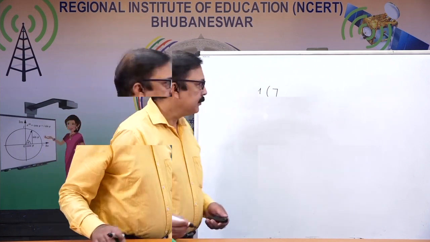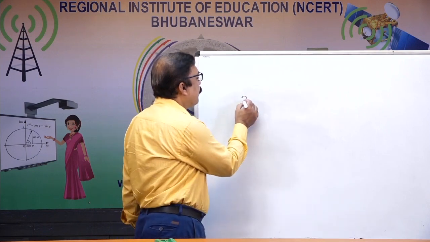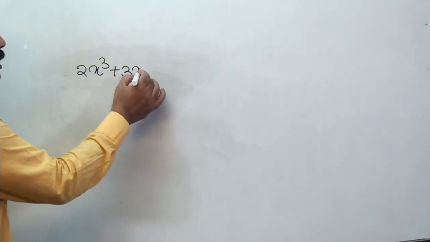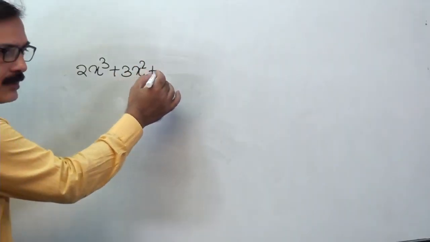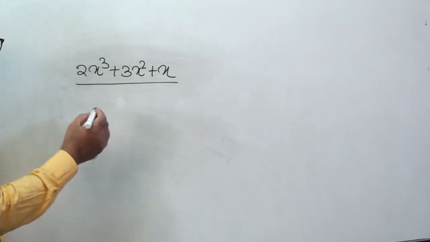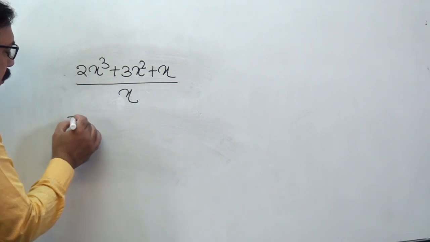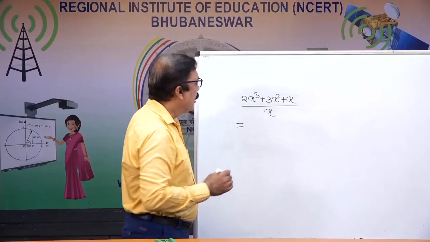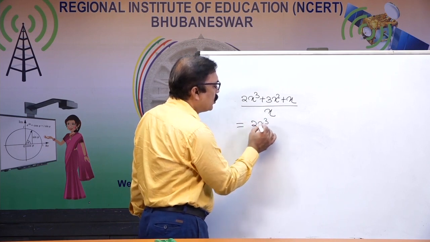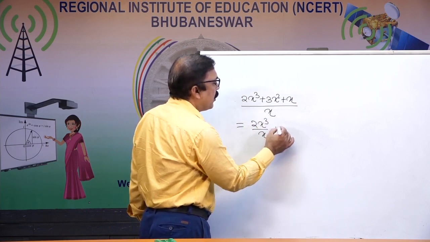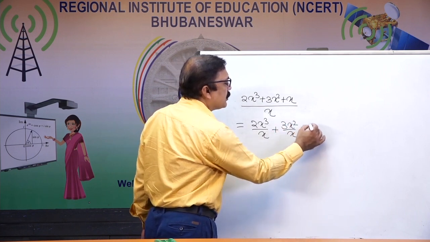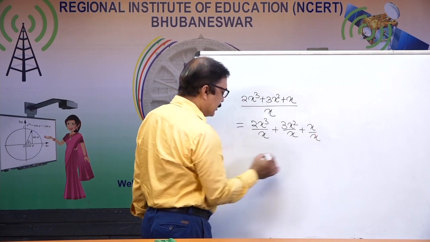Here the polynomial is 2x cube plus 3x square plus x, to be divided by x. By the distributive property, we can write 2x cube by x plus 3x square by x plus x by x.